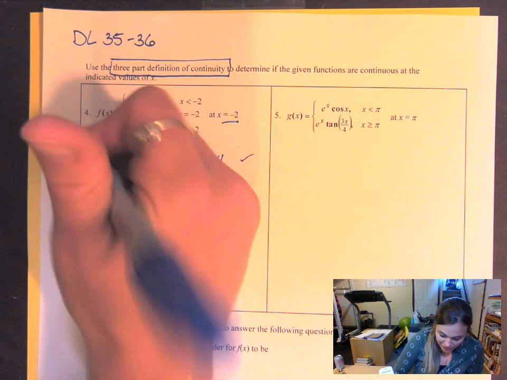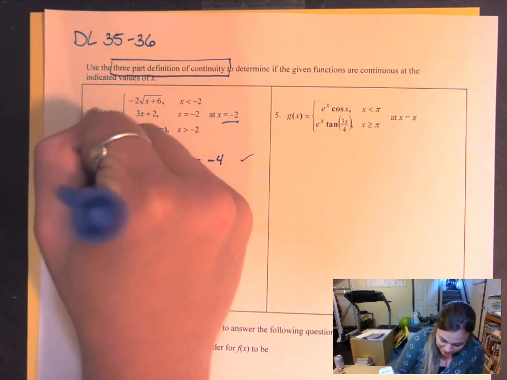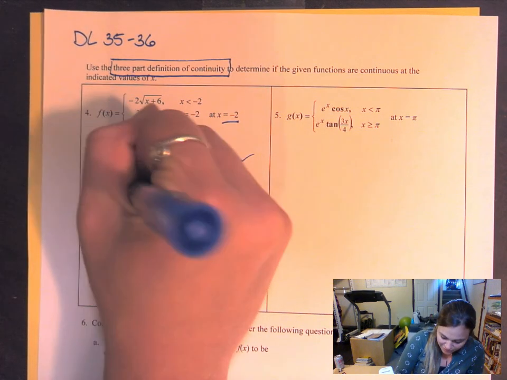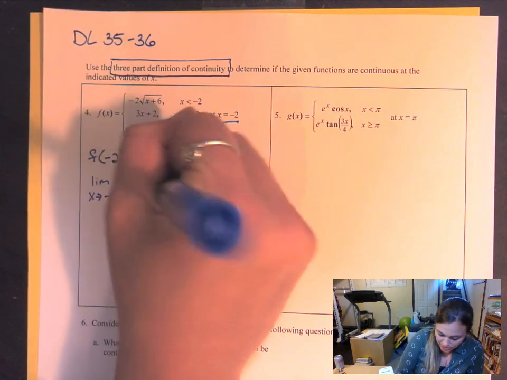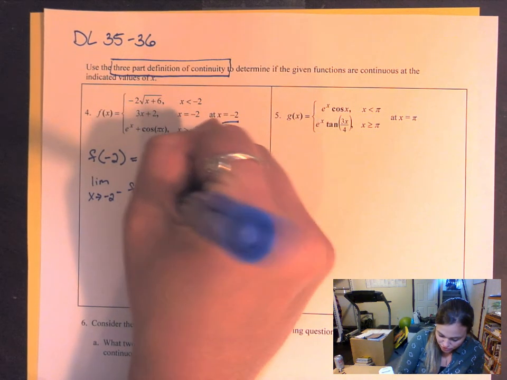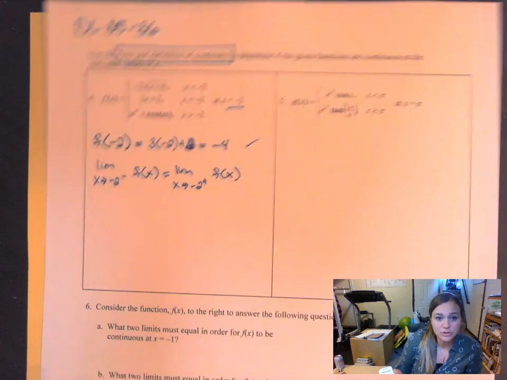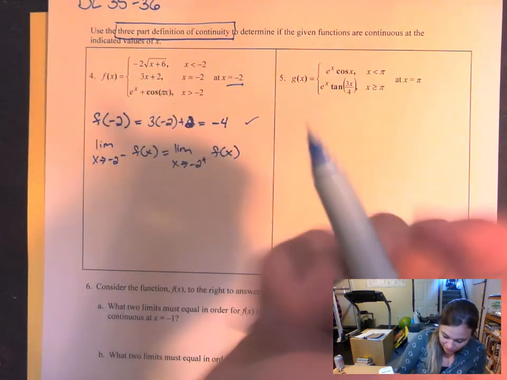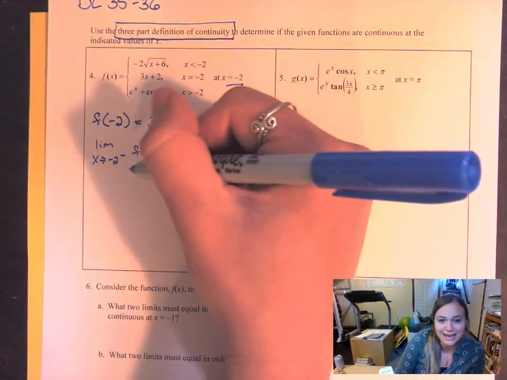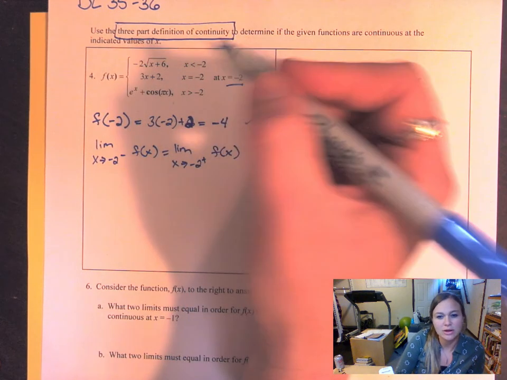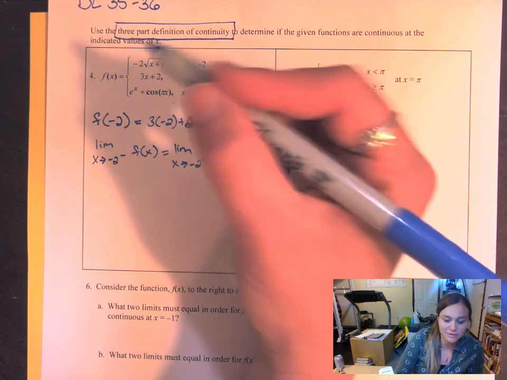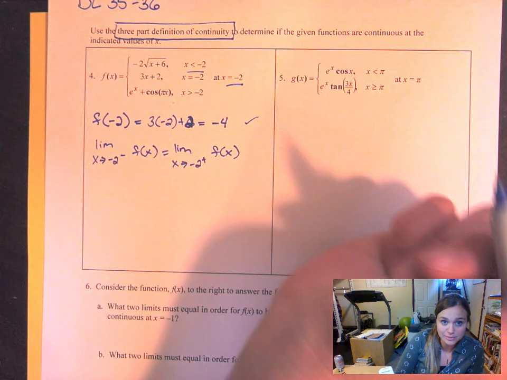This is good, though. The next thing is I want the limit to exist. So the limit as x approaches -2 from the left, I want it to equal the limit as x approaches -2 from the right. And so what I'm going to do is try this. And I'm going to say, okay, from the left, that would be when x was less than -2. Think about a number line. When is x to the left of -2? So I'm using this part of the function.